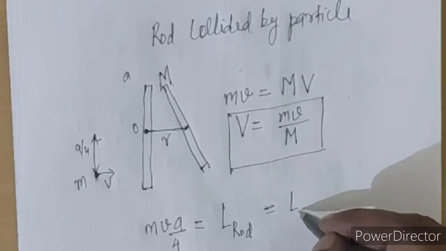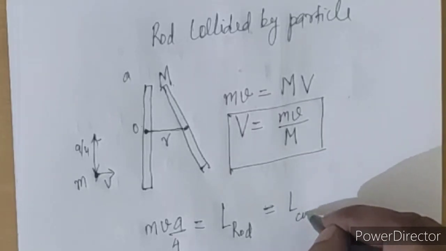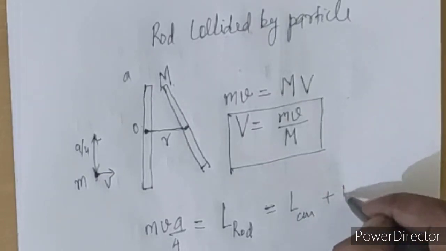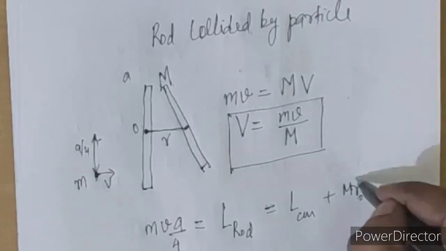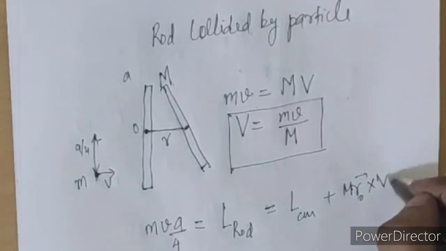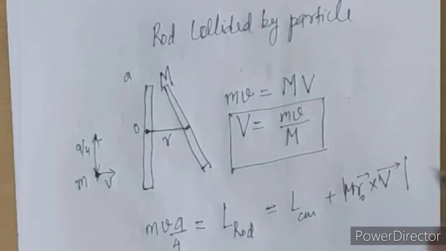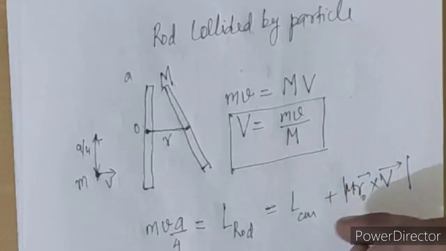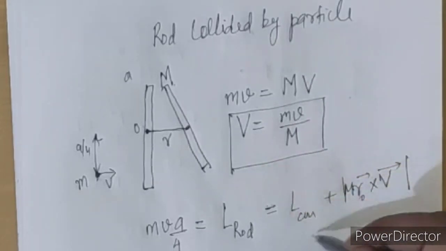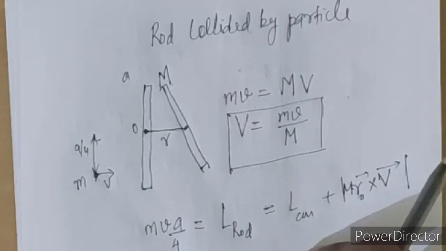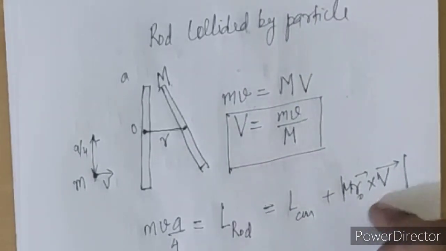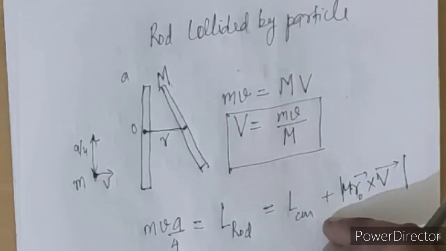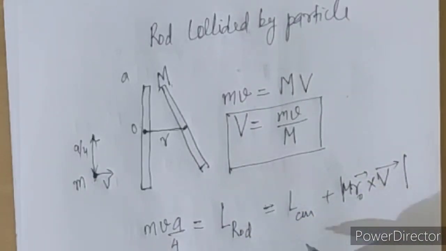First is the angular momentum of the center of mass, given by M r naught cross v vector, and the other is the angular momentum with respect to the center of mass. So first part is the angular momentum of this rod with respect to the center of mass, plus the angular momentum of the center of mass itself with respect to the center we are talking about. That's why we have two components.